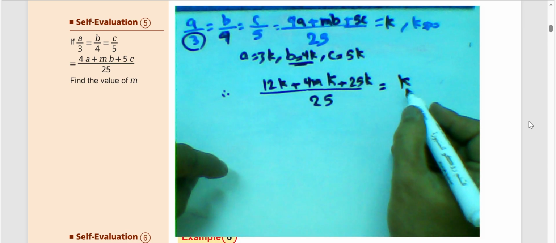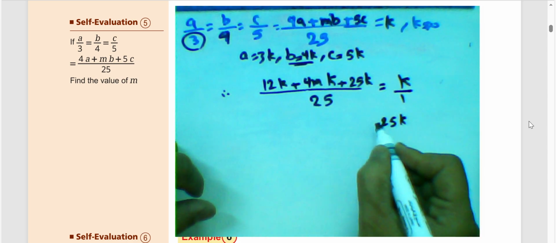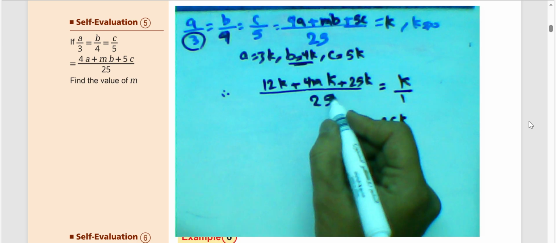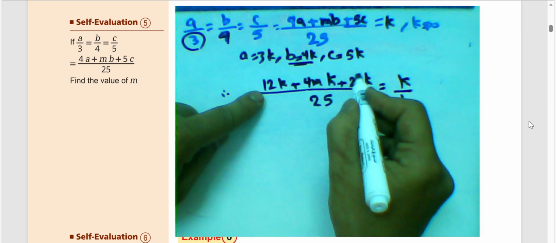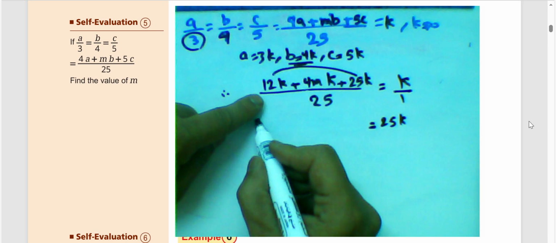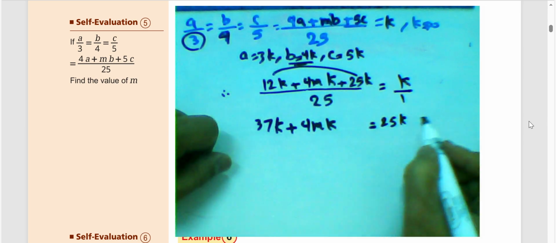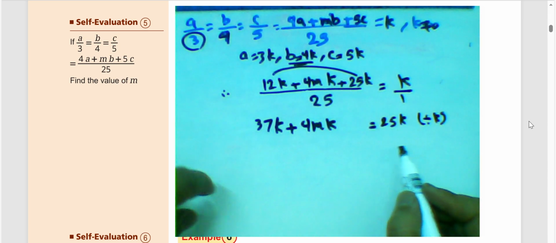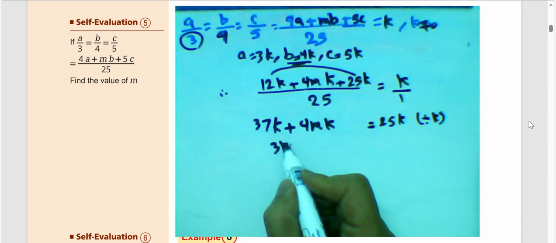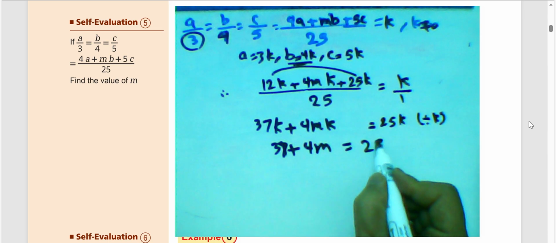Now I will use the product of extremes equals product of means. 25 times k will be 25k. 12k plus 4mk, we can collect 12k plus 25k. You can collect together. The result will be 37k plus 4mk. Now I will divide by k because k is a constant not equal 0. Divided by k, then we have 37 plus 4m equals 25.